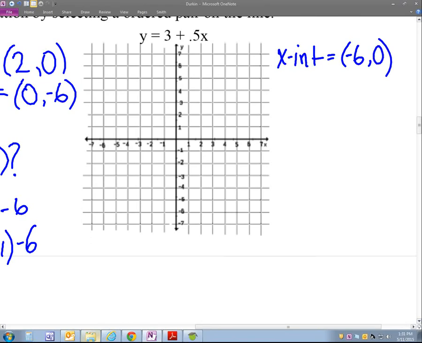All right, what is the y-intercept, Ms. Hanks, for this one that you found on the previous page? Actually, is it a previous page or is it on that same page?